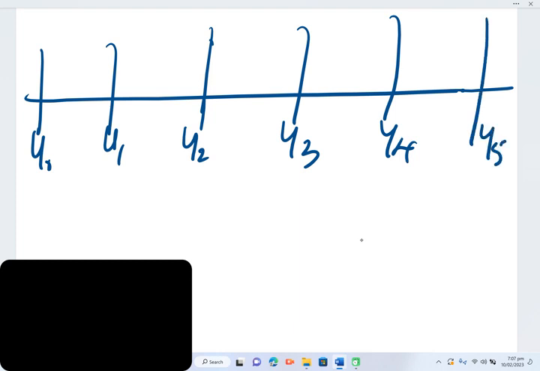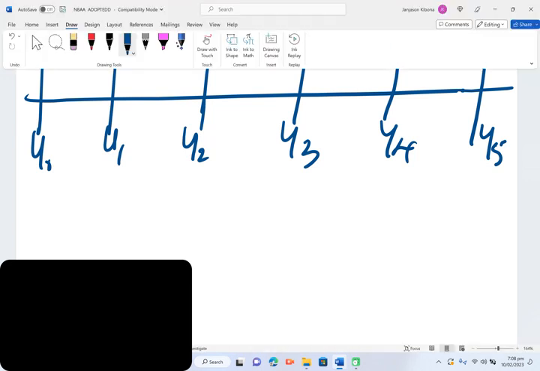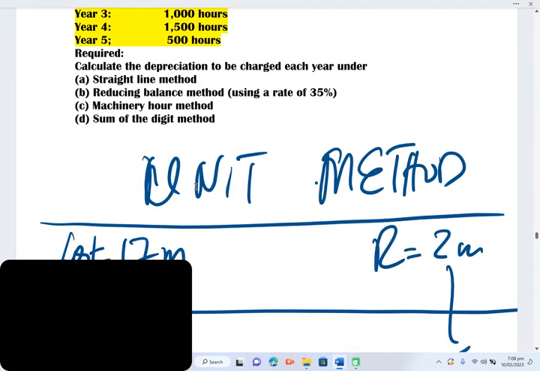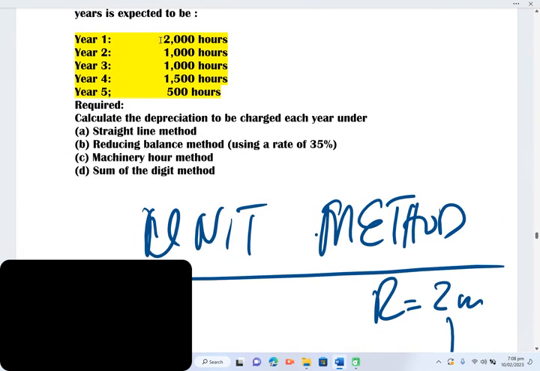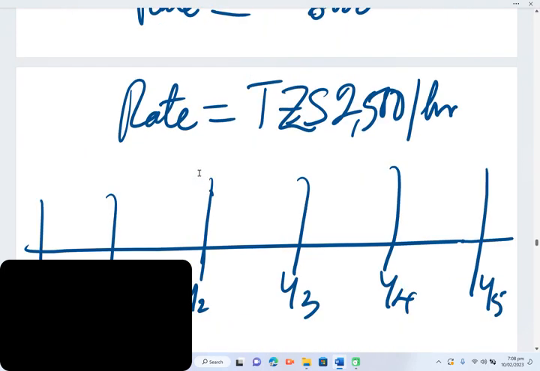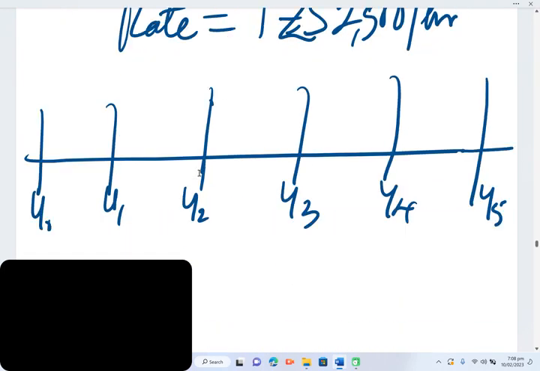Sasa nisome zile units. Ya kwanza ilikuwa 2000. Sasa ziangalia kwa mara ya mwisho. Huko na 2000, alafu 1000, 1500. Ukisoma hapa utaona kitu hiki.